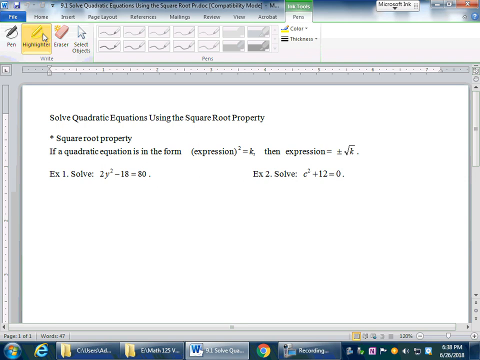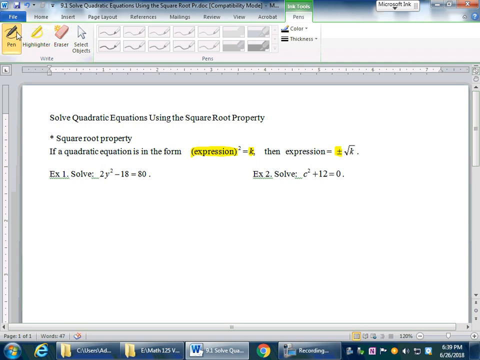If you can rewrite a quadratic equation into this format, with the expression squared, the square term by itself on one side and a number on the other side, then I can use the square root property by taking the square root on both sides, and that will give me expression equal to plus or minus the square root of k. You have to remember to put plus or minus because we can get two solutions.